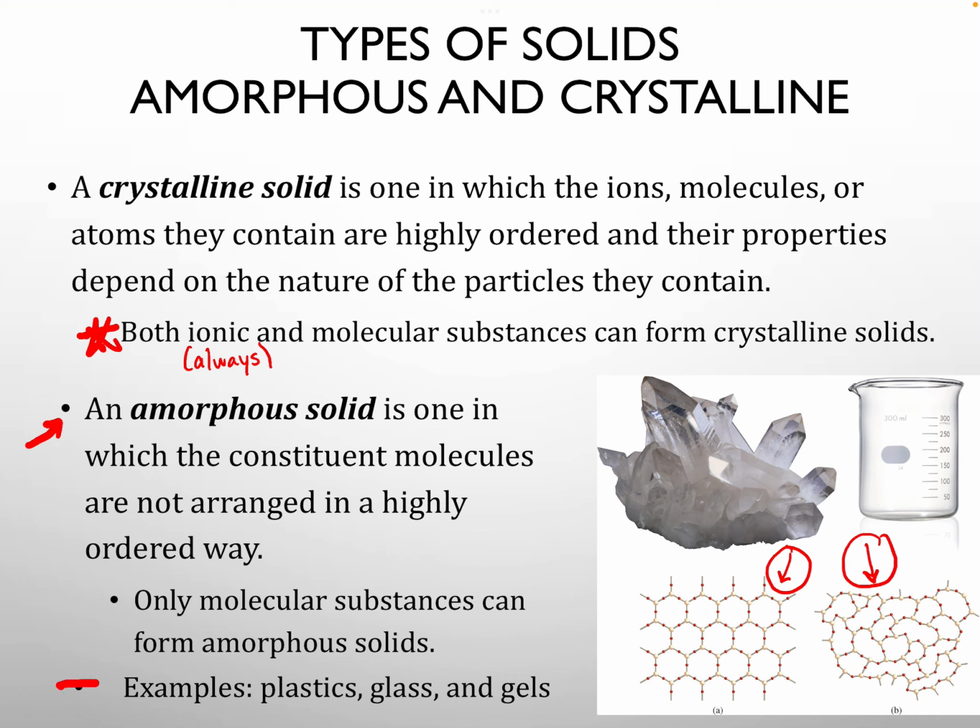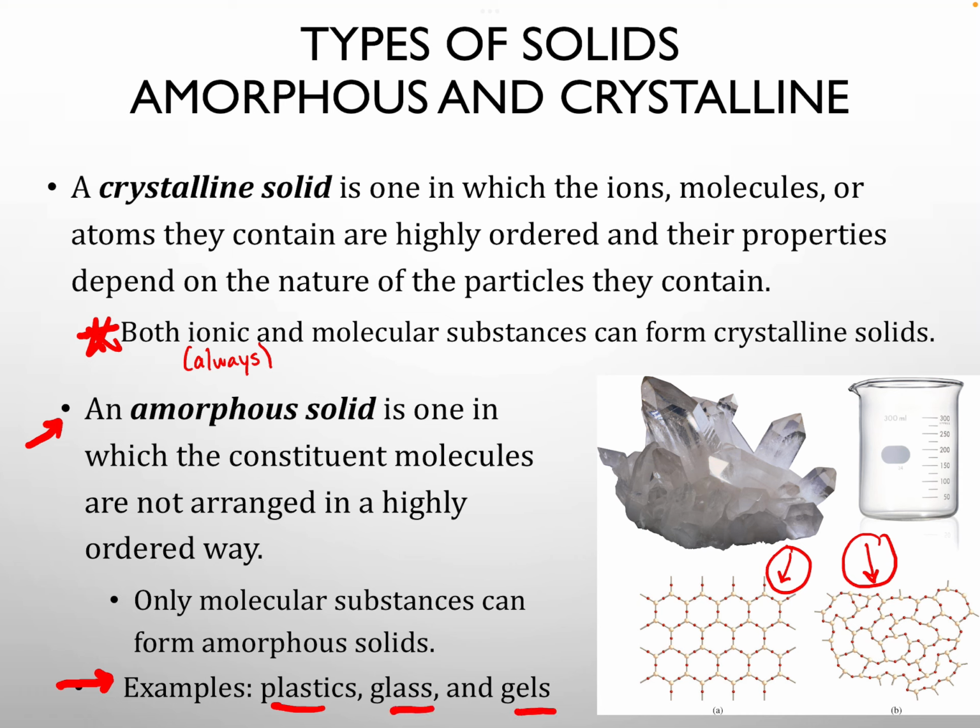So our examples, and I want you to know these, our examples of amorphous solids are plastics, glass, and gels. Those are the only three I want you to know as far as amorphous solids. Everything else, we are going to say forms a crystalline solid. So the only time you're going to get amorphous is one of these things.